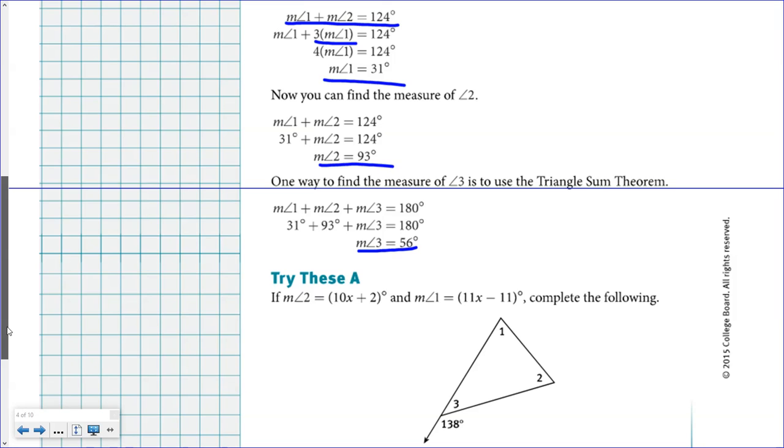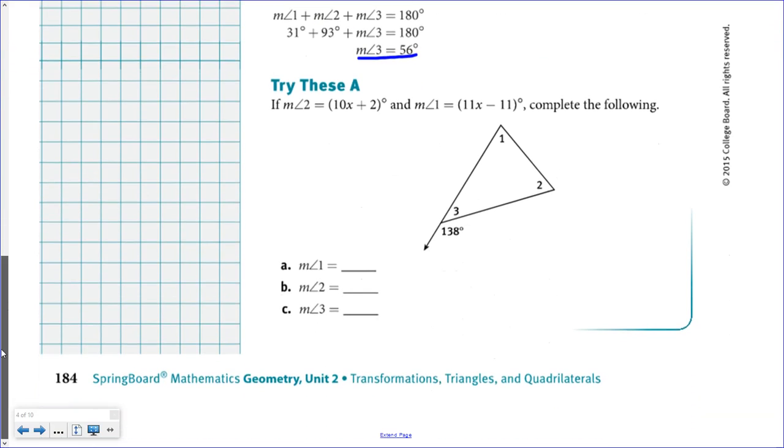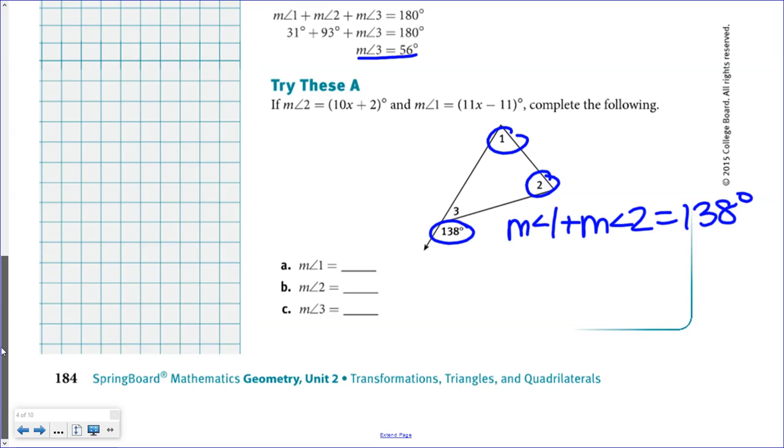So we're going to actually work through one here. So if you think you've got it, go ahead and pause the video and try and work this one out and then see if you got it right. So I know that 138 degrees is going to equal the measure of angle 1 and 2. So I can say the measure of angle 1 plus the measure of angle 2 equals 138 degrees.